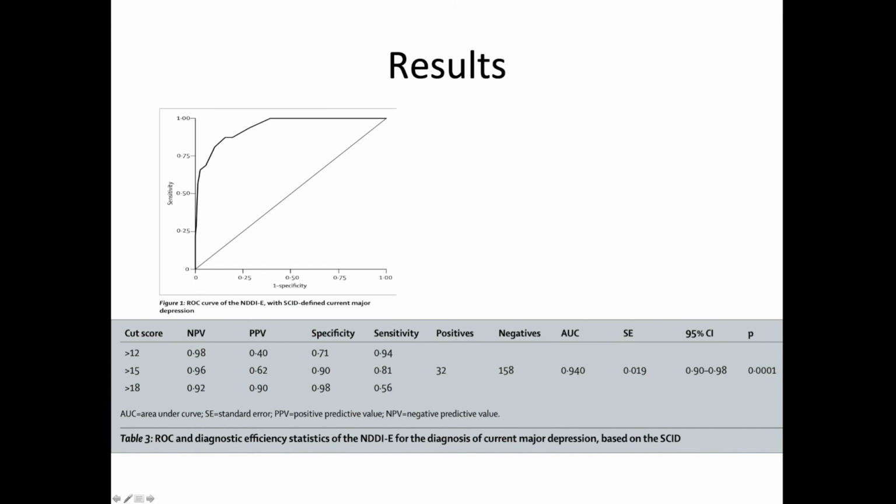Here, just as an example, they looked at the sensitivity and specificity at different cut points and the negative and positive predictive value in their patient population. They calculated the area under the curve, 0.94, which is pretty good, and you could create a confidence interval around that estimate.